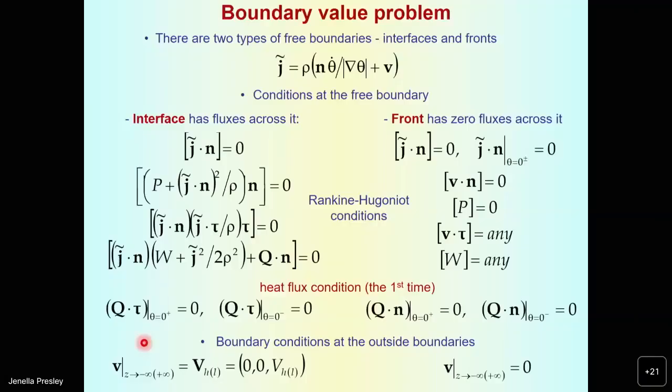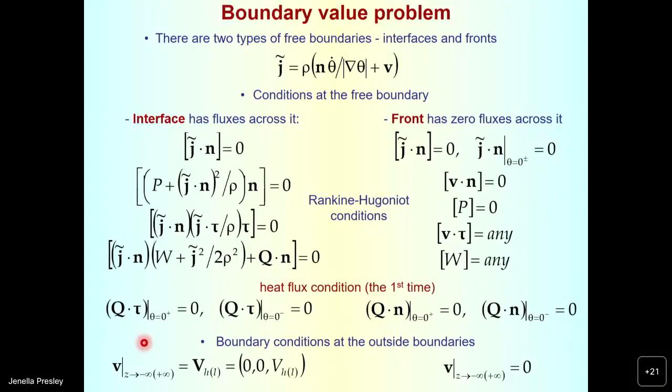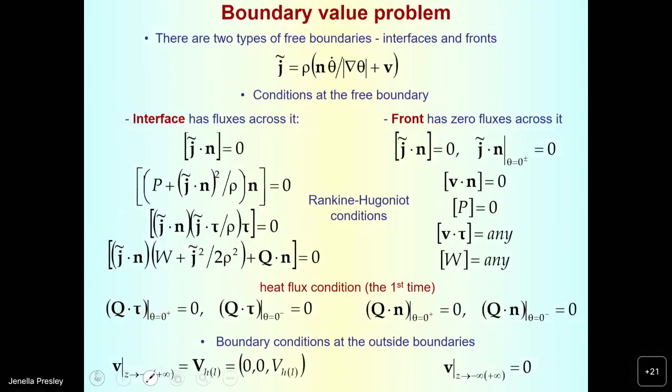And in the case when we have fluxes across the interface, we presume that the interface is a sort of level line or level surface for internal energy. So the heat flux should always be normal to the interface, and the product of the heat flux and the tangential of the interface should be 0.